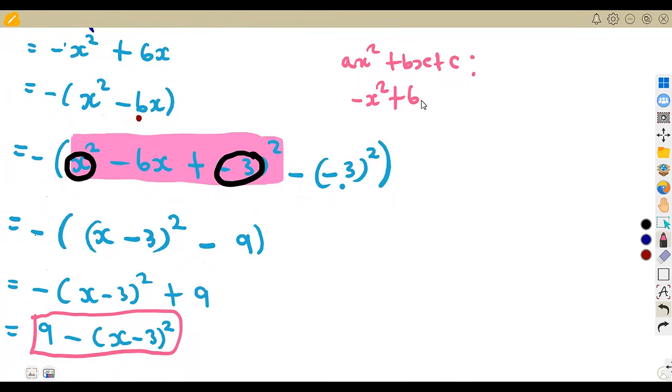Not factorized, as it was, minus x squared plus 6x. It means we do not have the constant. The constant c is 0. Here our a is minus 1, b is 6, c is 0.